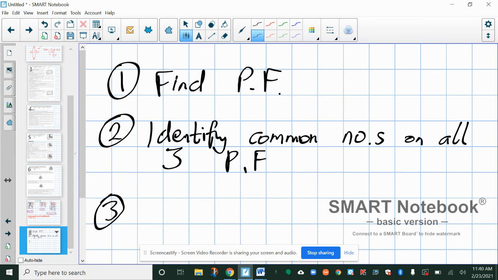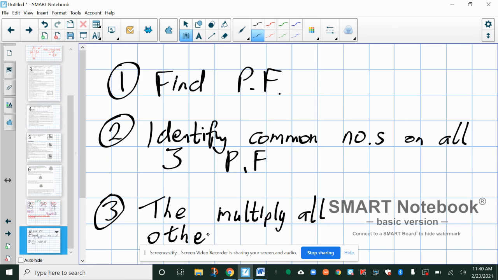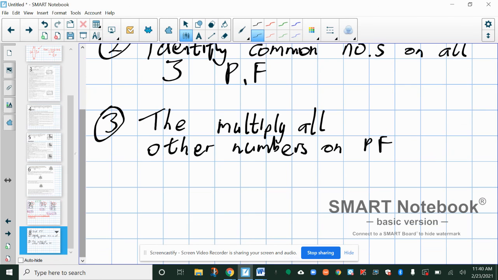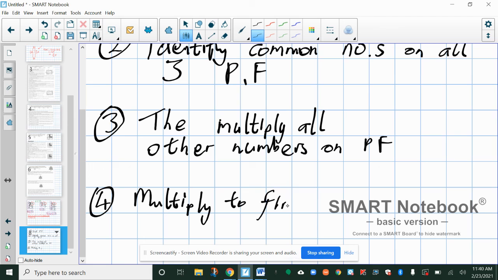And the third step I'm doing is then to multiply all other numbers on the prime factorization, on the PF. Okay, your last step then is to multiply to find the LCM.